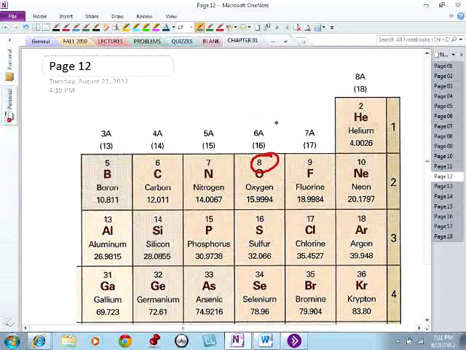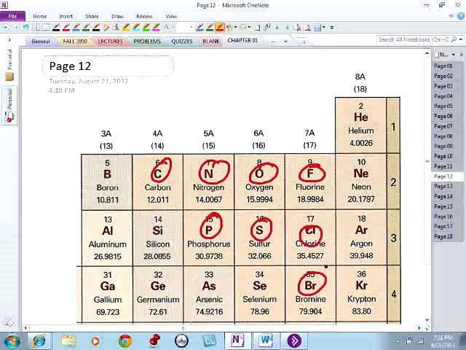Okay, we've already shown you this periodic table here, which simply shows you the atomic numbers of most of the elements or atoms of interest to us. In this case, you have carbon, nitrogen, oxygen, phosphorus, sulfur, fluorine, and bromine.